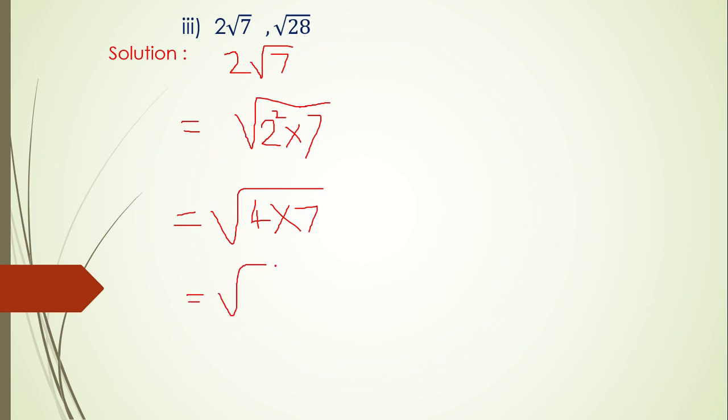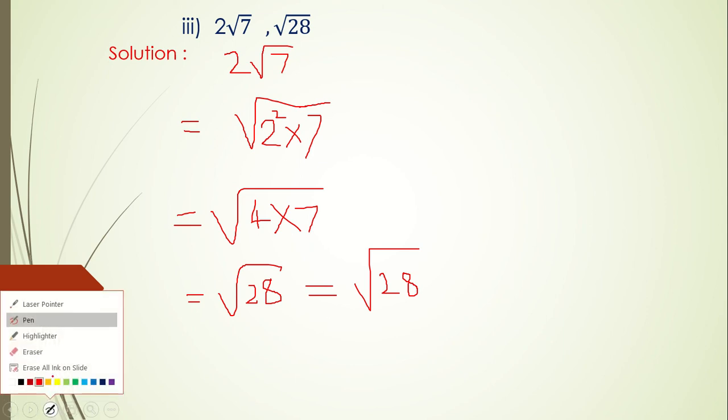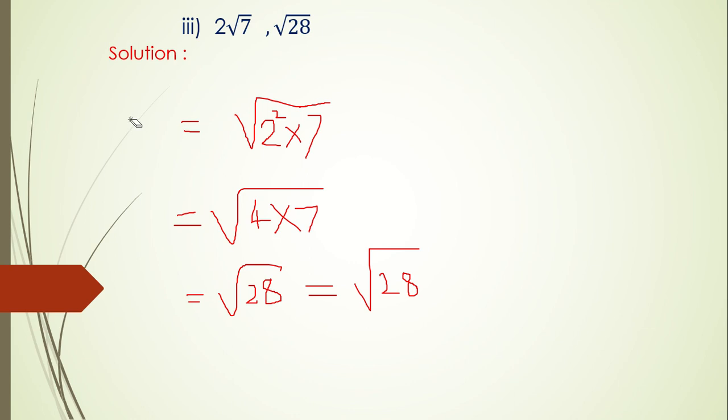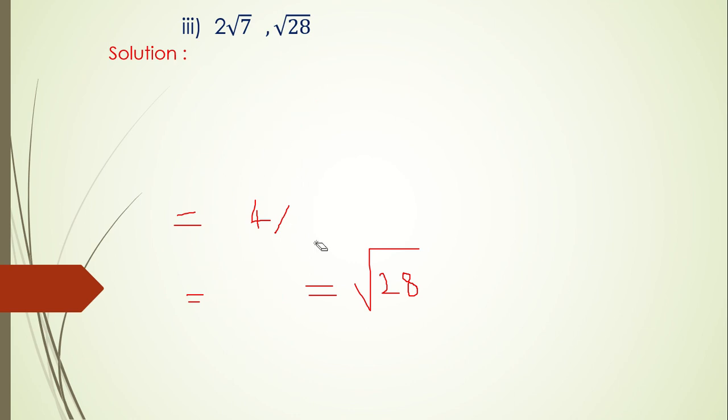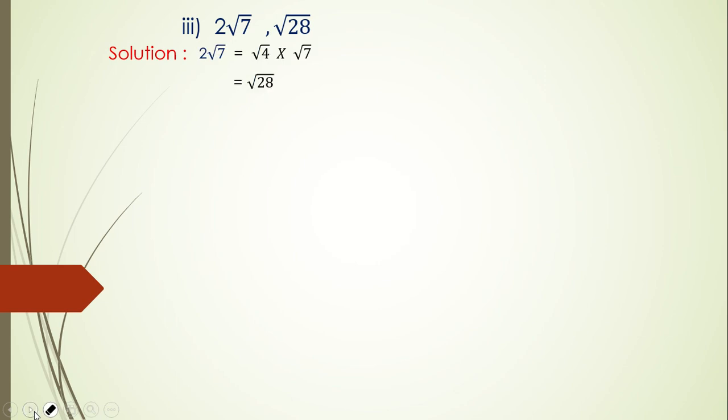So that's root 28. And here the next number also is root 28. So both are equal. Root 2 root 7 and root 28 are equal.